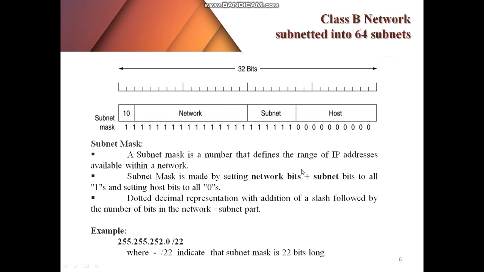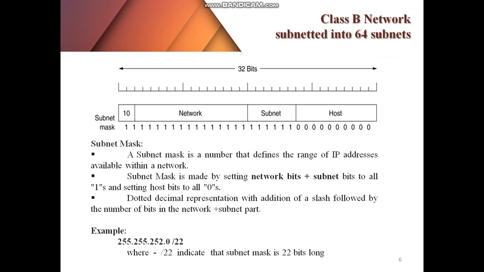Next is about subnet mask. Subnet mask is defined as the range of IP addresses available within a network. The maximum IP address available within a network part is called the subnet mask. Subnet mask can be calculated by assigning ones for all the network bits and the subnet bits, but zeros for all the host bits.